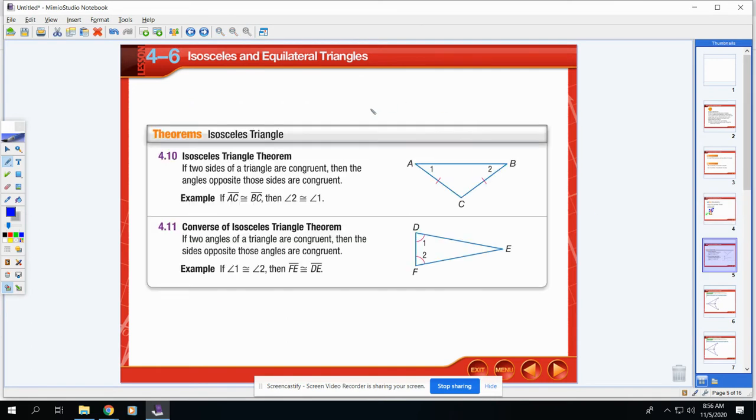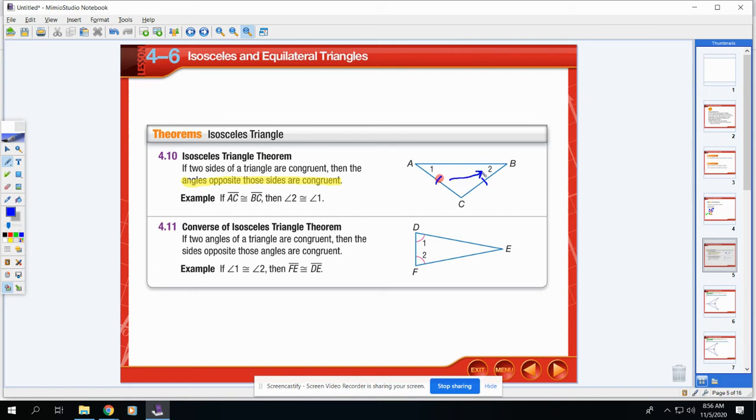Our first definition here is the isosceles triangle theorem. It's really important that we understand what this is saying. This says if two sides of a triangle are congruent, then the angles opposite those sides are congruent. So, for example, if we have an isosceles triangle here with angle 1 and angle 2, then the angles that are opposite of these sides are congruent.